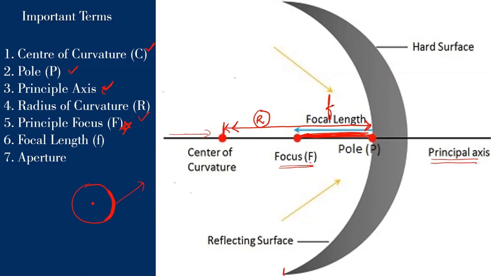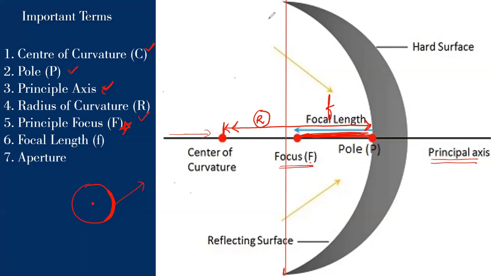Okay, right. Next we have something called aperture. Now, what is aperture? Aperture is basically the diameter of the spherical mirror. So basically, when I say from the top to the end, this point to this point, this is my aperture.